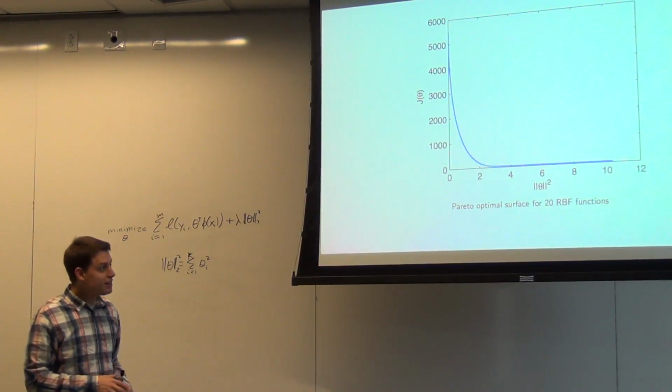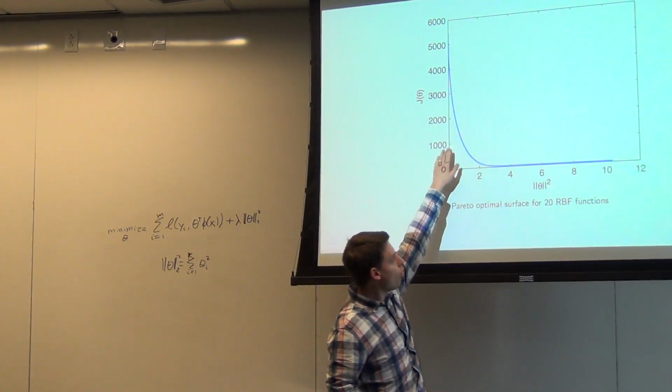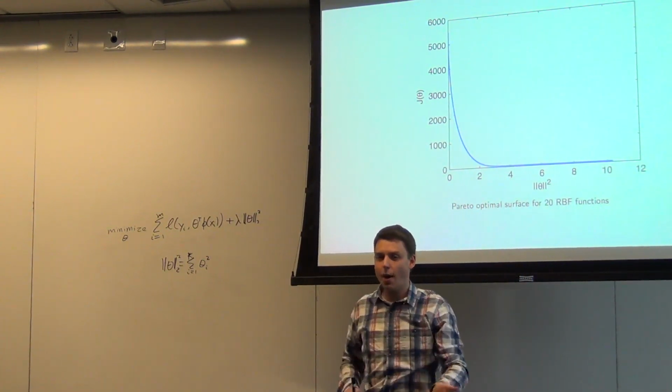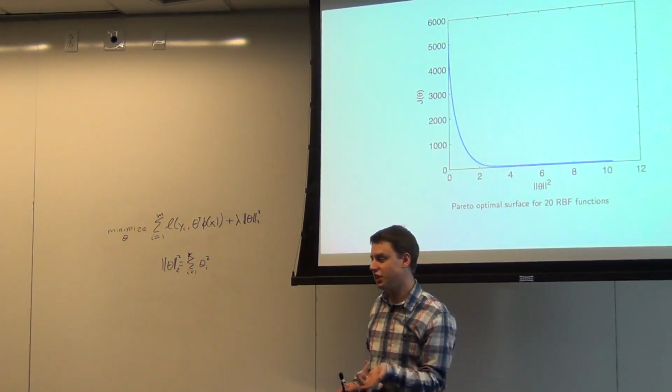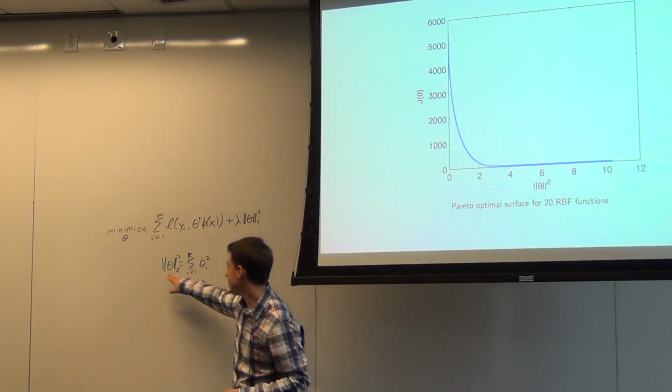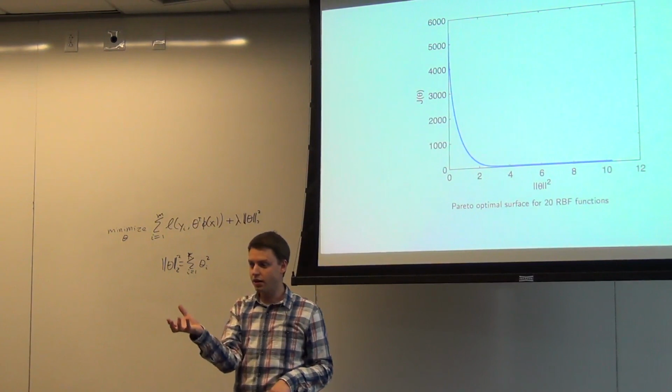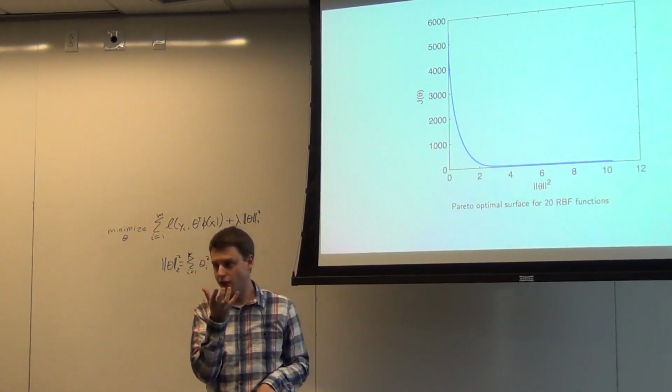And what that corresponds to is that all these points on this curve are potentially optimal. They are potentially good values of theta given some trade-off between the weight of the size of theta and the loss you suffer.